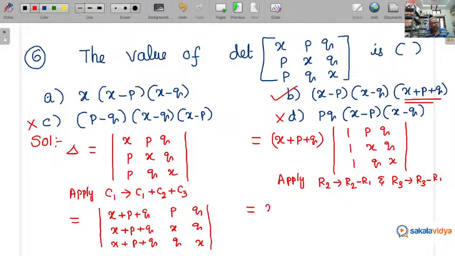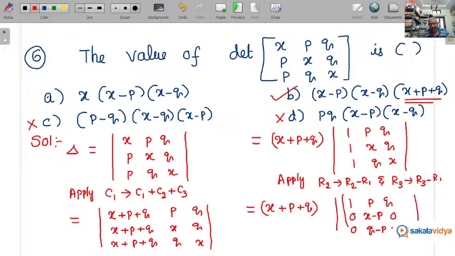So already one factor has been taken common out, that is x plus p plus q. See, very beautiful concept this is. 1 p q, R2 minus R1: 1 minus 1 is 0, this will be x minus p, and q minus q is 0. Similarly 1 minus 1 is 0, so this will be q minus p, and x minus q.